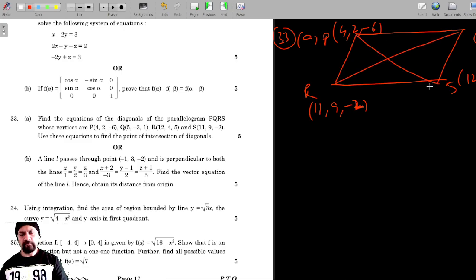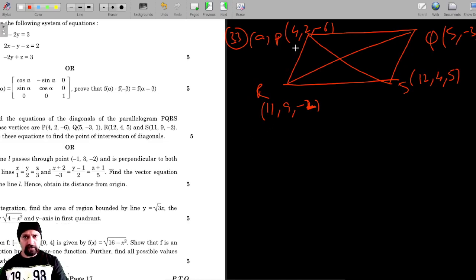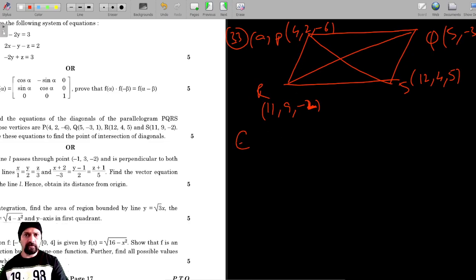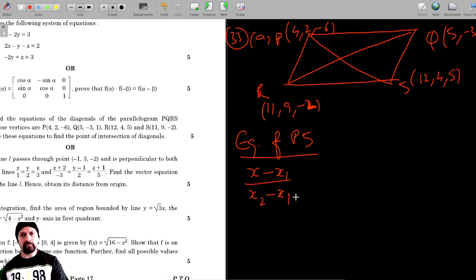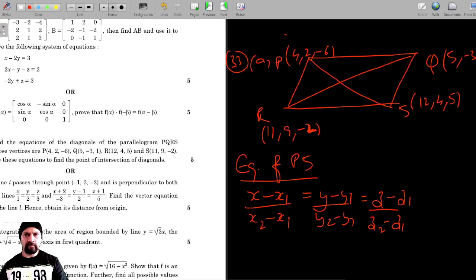So we have to find the equation of the diagonals, and each diagonal is passing through 2 points. So the equation of PS, which is passing through 2 points, is given by (x minus x1) upon (x2 minus x1) is equal to (y minus y1) upon (y2 minus y1) is equal to (z minus z1) upon (z2 minus z1). So let's put in the values of x1, y1, z1 and x2, y2, z2.